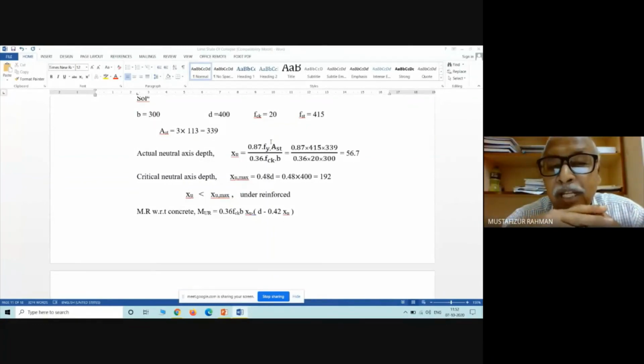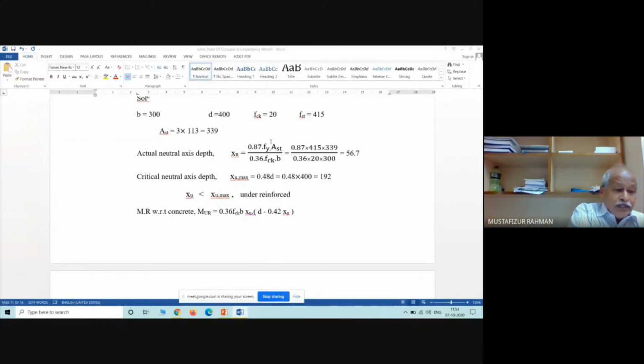So for the critical neutral axis, we have xu maximum equal to 0.48 D. Okay, it is 192. Now xu is less than xu maximum. Now what does this represent?